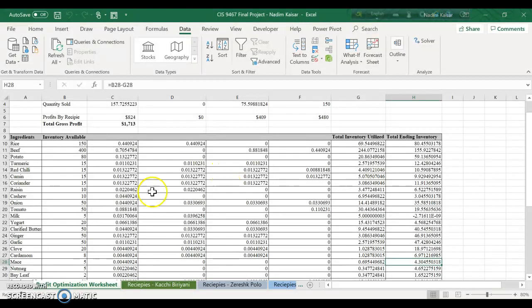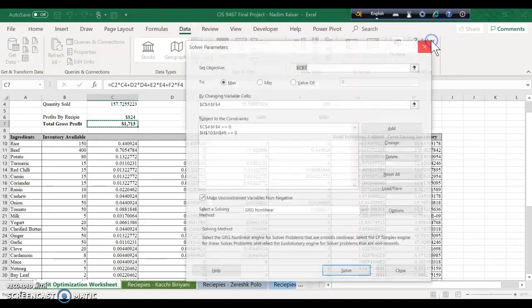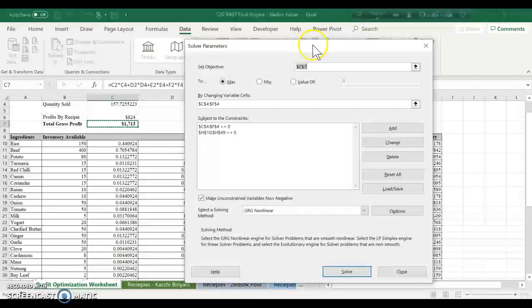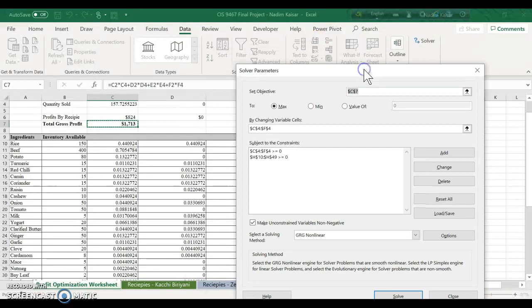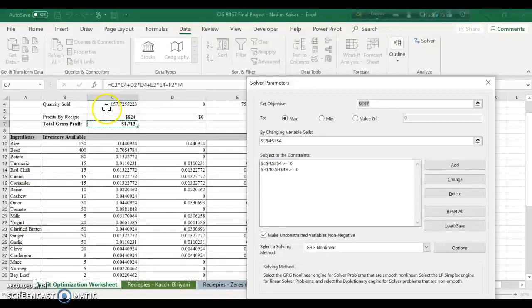So what I did here was I will go to the data tab and then open Solver. My objective is to maximize the gross profit by changing the quantity here.